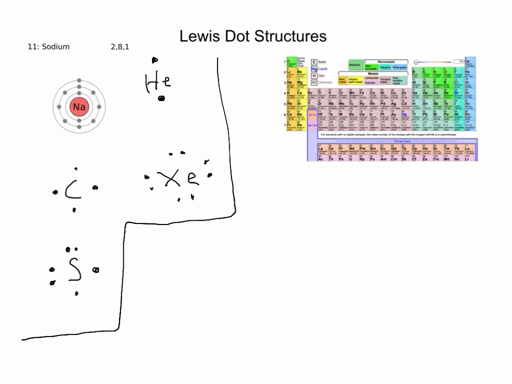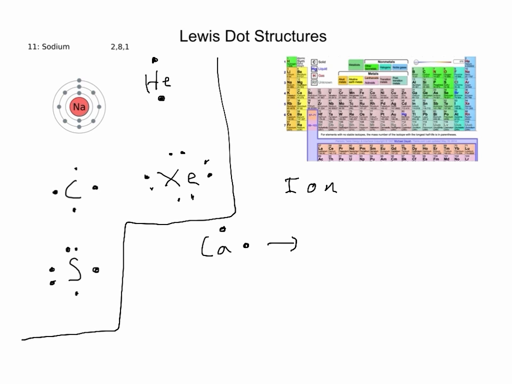Now, what if I have an ion? Let's take, for example, calcium. Calcium has 2 valence electrons, but it would be more stable if it had a complete octet. It has 2 options that can occur.